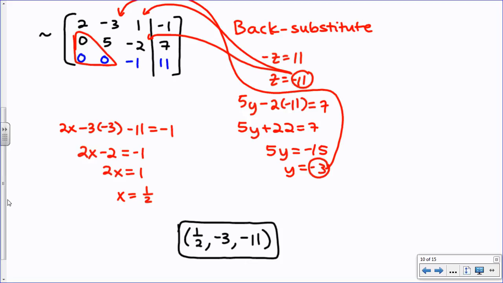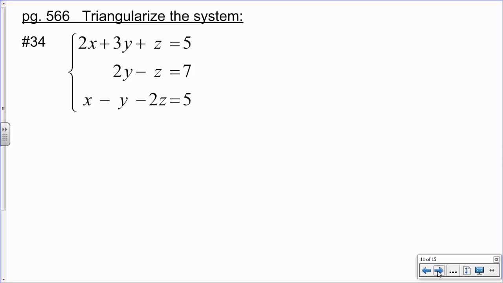Okay, we're going to do another one. Okay, so this time we need to start off and write out the augmented matrix. So write out the matrix for the system.